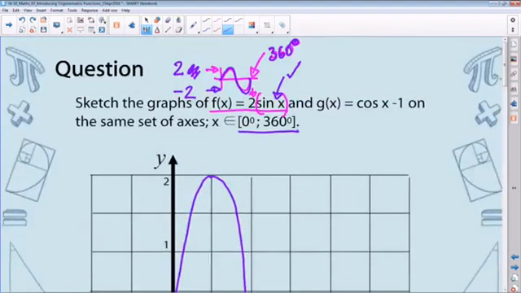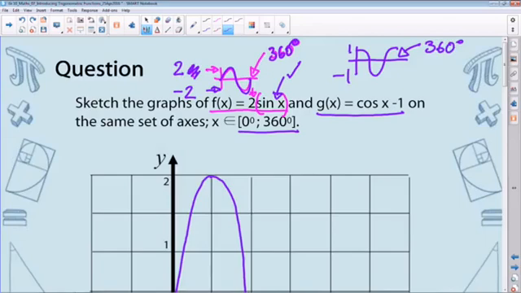Okay. Now, the second graph we need to draw is g of x equals cos x minus 1. We know that the cos function, parent function, starts at 1, goes down to -1, and then up again. It has a period of 360 degrees, and that's really all we need to know about it.